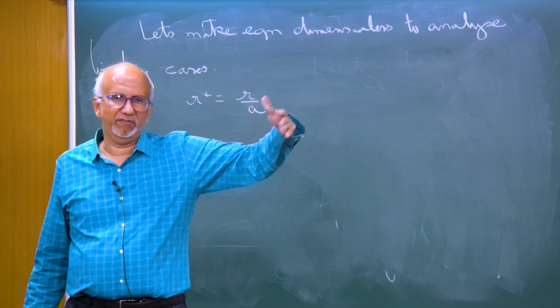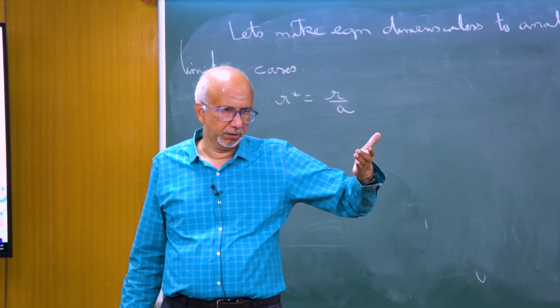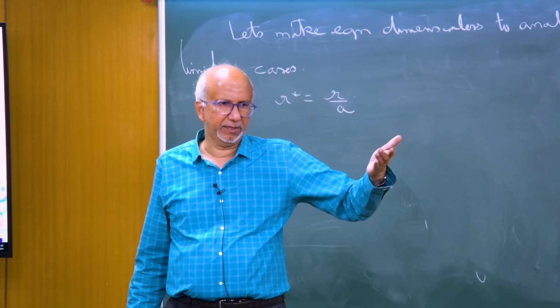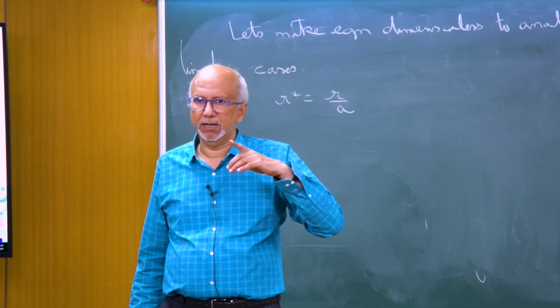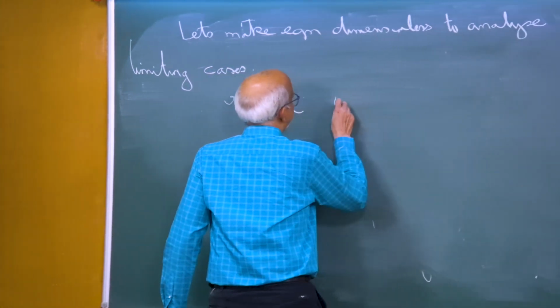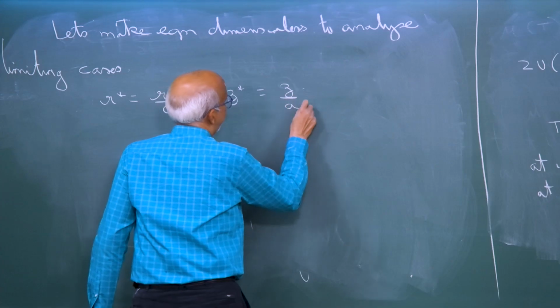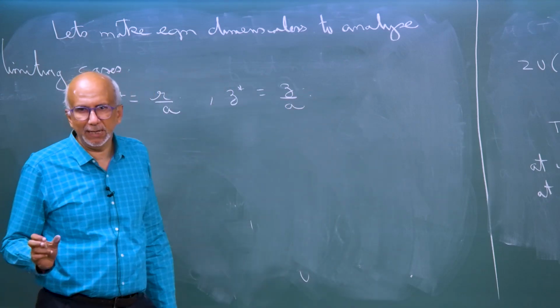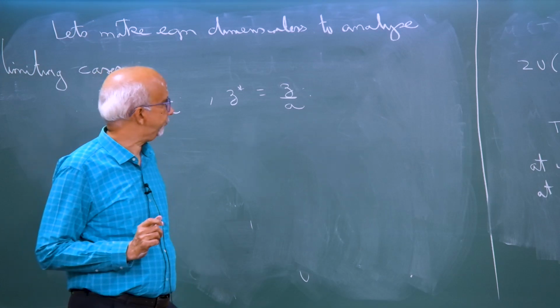Now, if I have a very long pipe, I really do not have a characteristic length in the z direction, but since I do not have anything, I am going to just take the same scale for z as well. So, z star equals z divided by a. I am choosing the same length scale for both r and z.